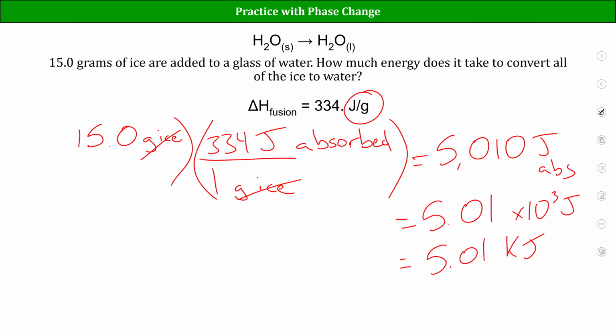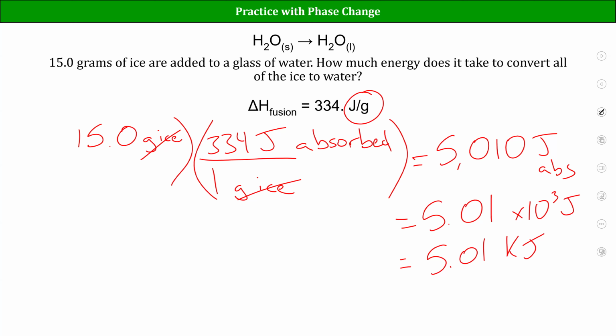Think about the energy from that example at the beginning of class, when we talked about the iron warming up. Iron going from 90 Celsius all the way down to 20 Celsius only gave off 780 joules. And now we're at 15 grams of ice, or something like that.